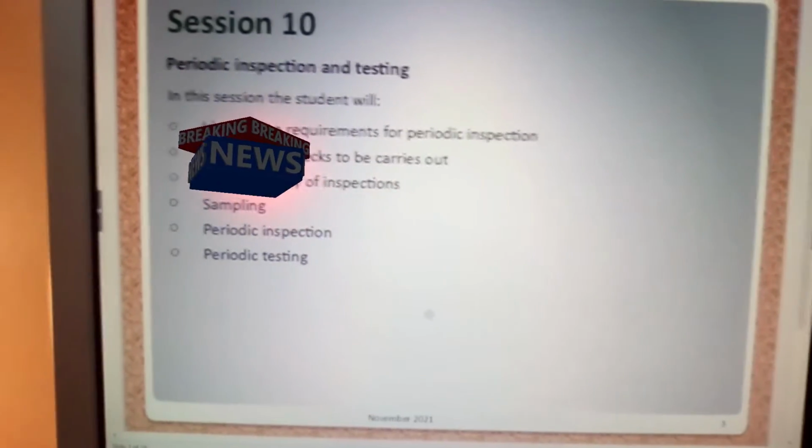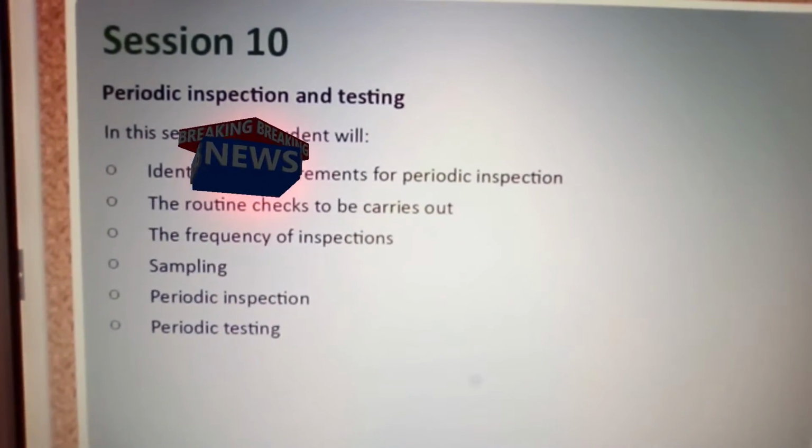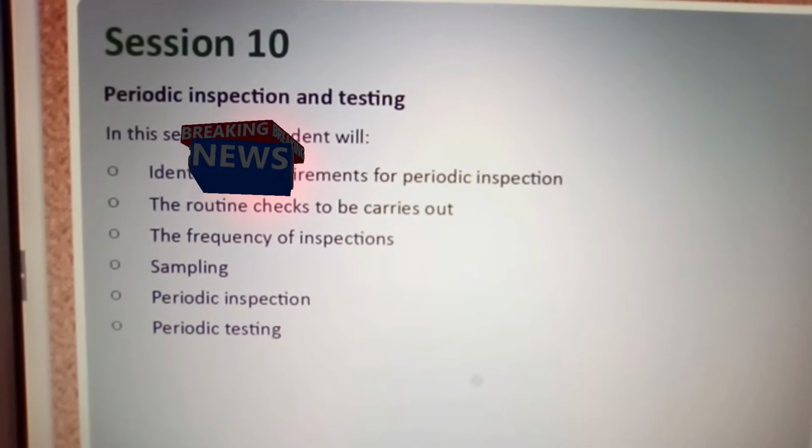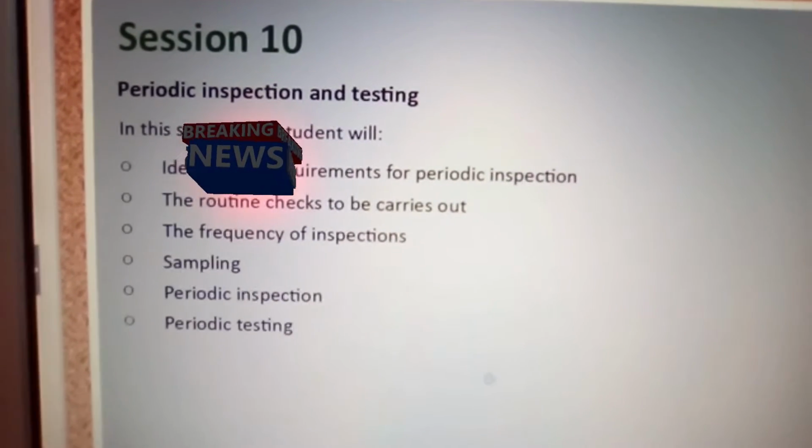Now, and here we are. Next, we're looking at periodic inspection and testing. And that outlines what we intend to be able to do in session 10.